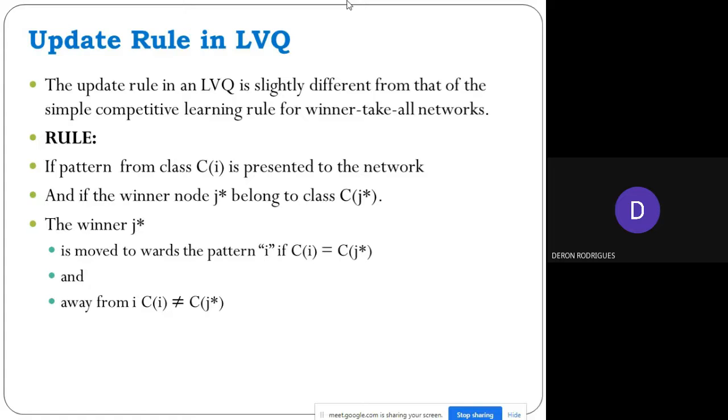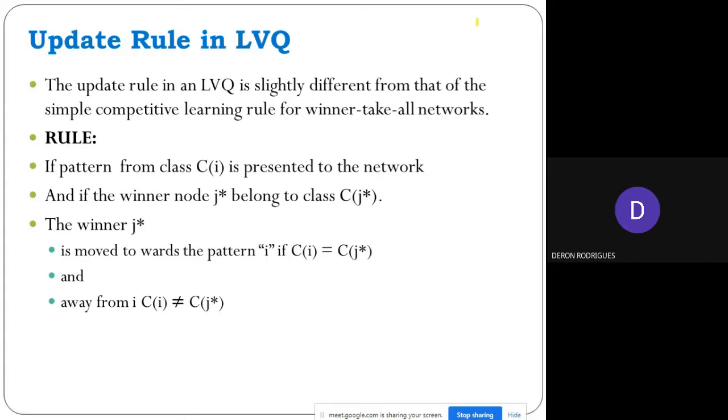We know that the pattern belongs to class Ci and the winner node J star belongs to class Cj star. For example, we present a pattern from class 1 and the winner node is node 2.